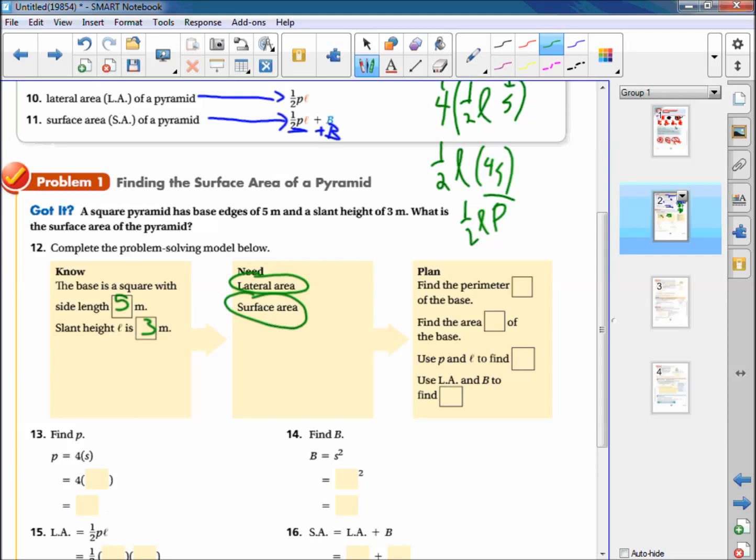To find the lateral area, you first find the perimeter of the base, which is P, and then the area of the base, which is big B. Then we use the perimeter and L to find the lateral area, and use the lateral area and big B to find the surface area. So basically, we just find the surface area of it.